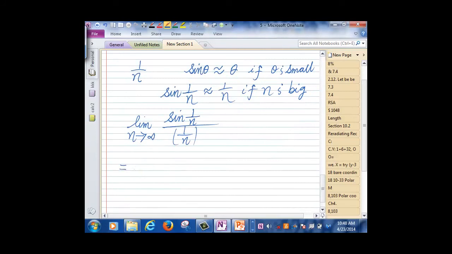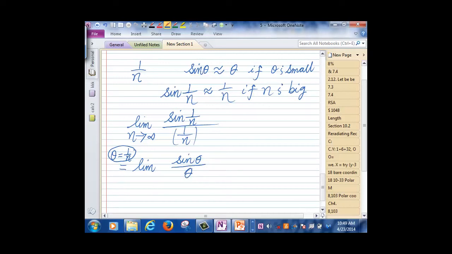Remember, maybe in the other class, I said I'm going to make a substitution here. I'm going to take theta to be 1 over n. So this would be sine of theta divided by theta, right?